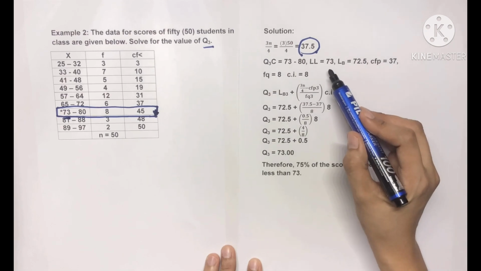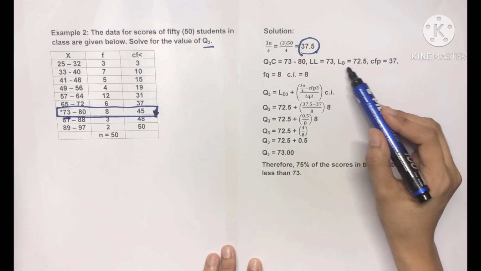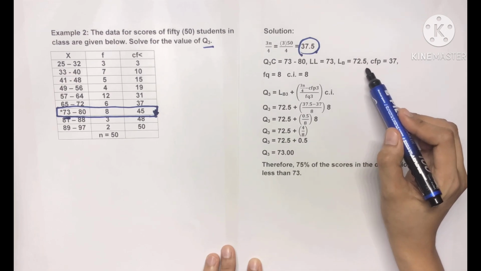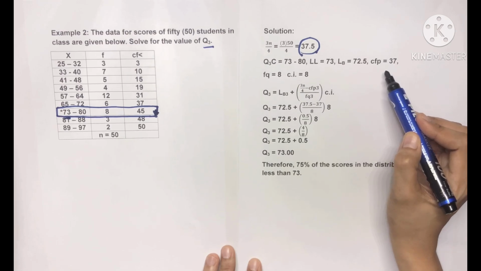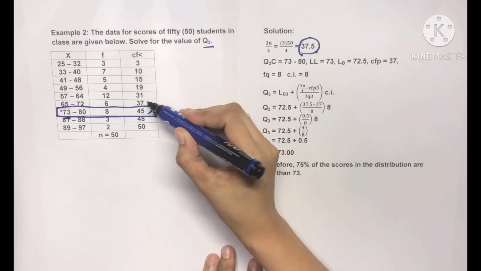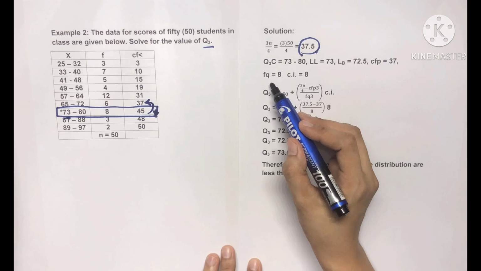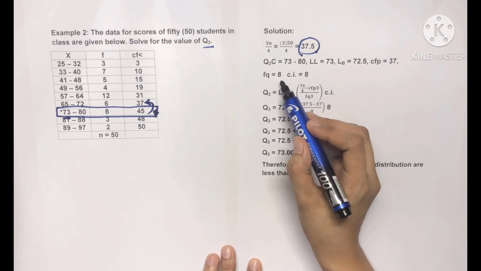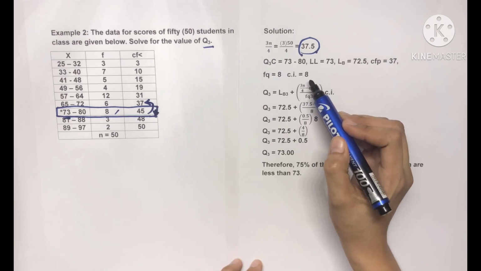Because we'll just subtract 0.5 from 73. Our CFP, or cumulative frequency before the quartile class, before 45, is 37. Our frequency is 8, and CI is equal to 8.